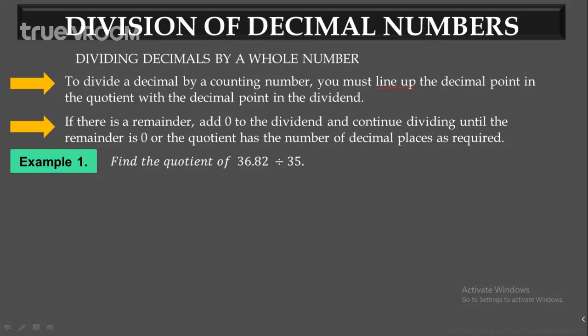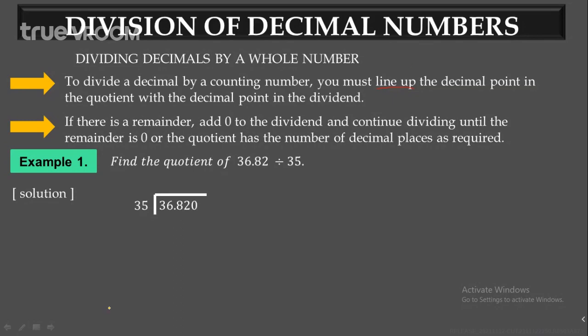Divisor. Very good, divisor. So you are going to use the long method here. We have 36.820. You put it under the symbol, and then put 35, your divisor, outside.